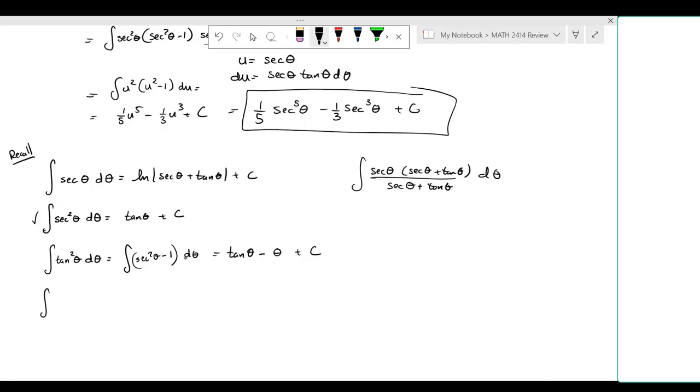Okay, so how would you go about anti-differentiating tangent cubed?